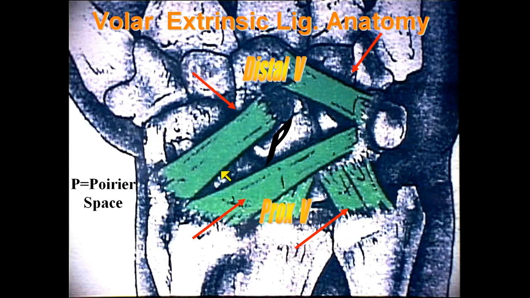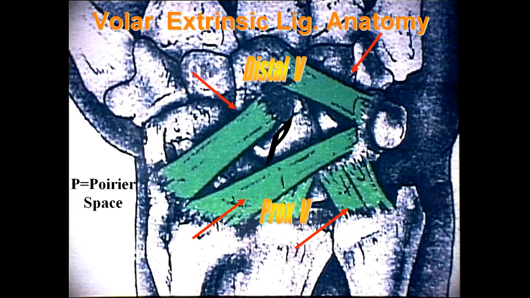The second part of the V, I don't care so much about the ulnar side. On the radial side, I've got a very long ligament which has three different names. Don't memorize the names. All you need to know is it goes from the radius across the lunate to the triquetrum. So that makes it easiest to use the name radio-lunato-triquetral ligament.